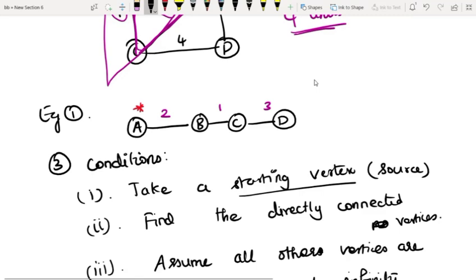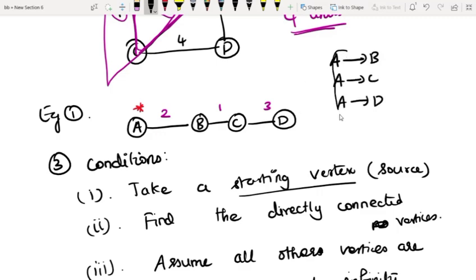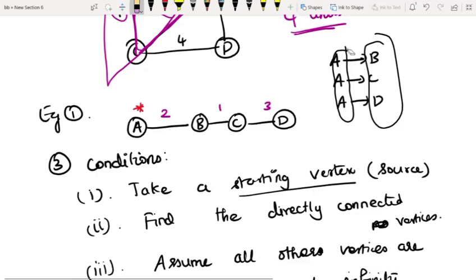Now I'll put a tabular column here. The table should show the shortest distance from A to B, A to C, and A to D. Only from the starting vertex I have to find the shortest path to any other vertex in the graph.